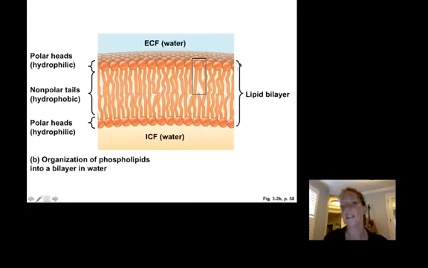What this does is create a layer where the polar heads organize the solution on the outside, but prevent any polar, charged, water, or water-loving substances from entering or passing through the inside of the membrane. In other words, this region of the membrane, that is the nonpolar tails, is hydrophobic, and it's going to prevent the passage of any polar or water-like molecules across the membrane.